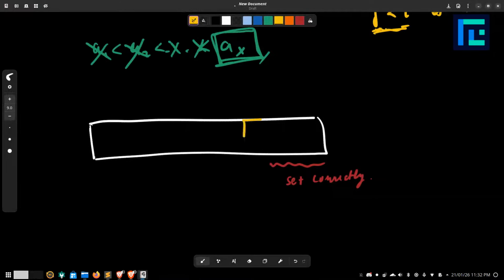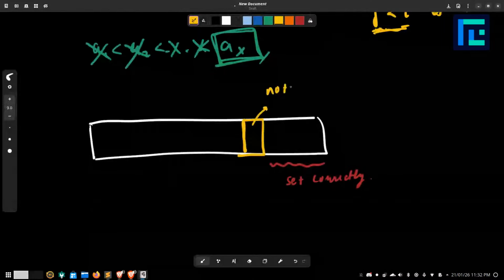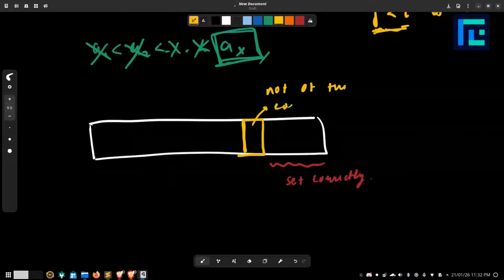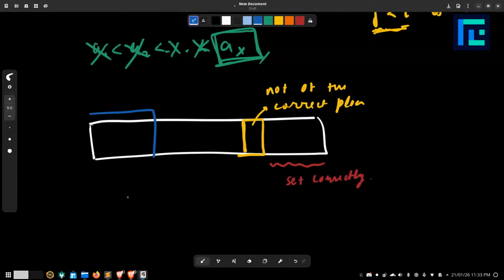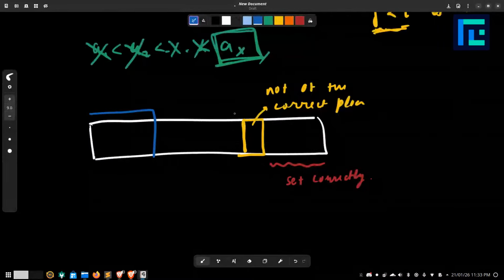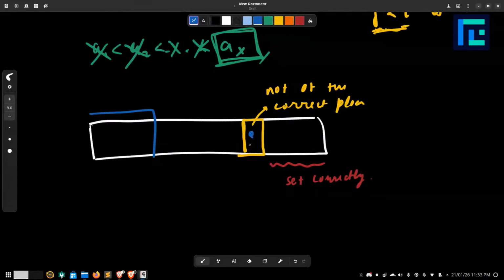So that must mean that this value is not at its correct place. What I'm saying is that if we perform any operation before this index, that will not set this index to its correct position, right? So we will at least have to perform an operation till this index.